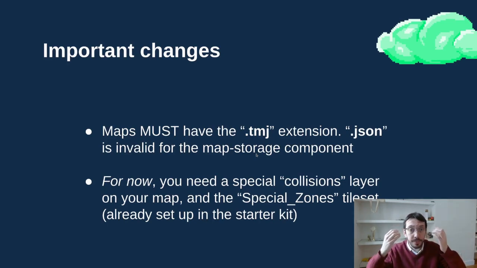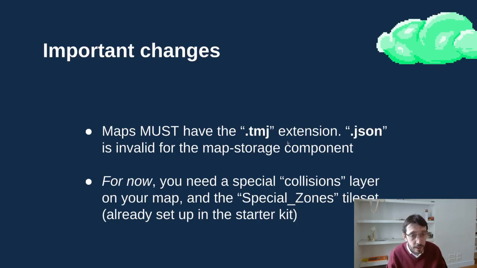And basically, to do this, we need to find all the maps. And if we scan JSON files, we might encounter some files that might not be maps. For instance, if I'm using npm, I will have a package.json. It is definitely not a map. I want to be sure when I analyze a file that it is indeed a map, to not return a false positive. So this is why we are mandating the TMJ extension for maps.